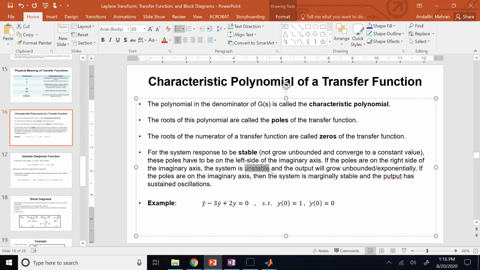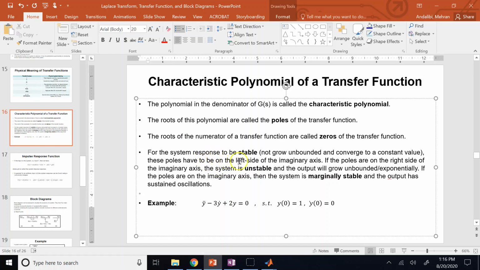what if some of the roots are on the left side and some of them are on the right side? What about then? It doesn't matter whether you have one pole on the right hand side of the imaginary axis or 10. One is enough to make the system what? Unstable.